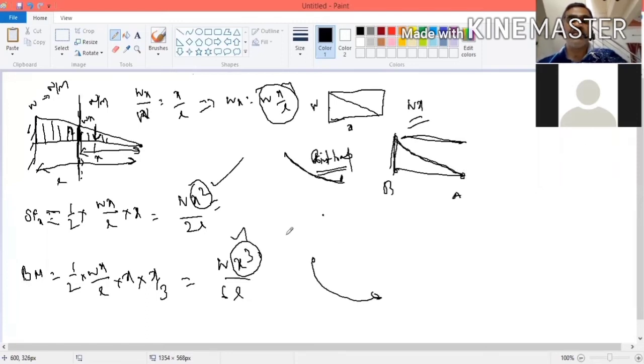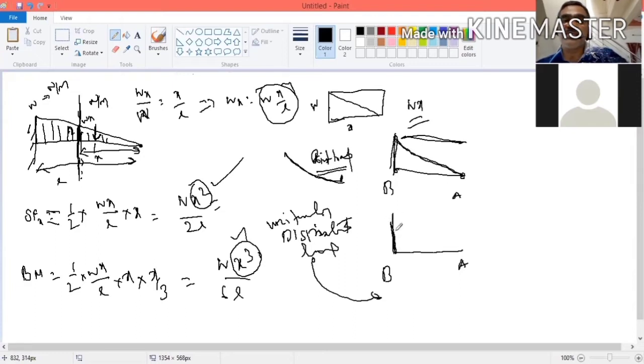The same thing if you take the uniformly distributed load between 2 points, A and B. If you want to draw the shear force and bending moment diagram, the shear force is varying linearly and the bending moment is varying quadratically.